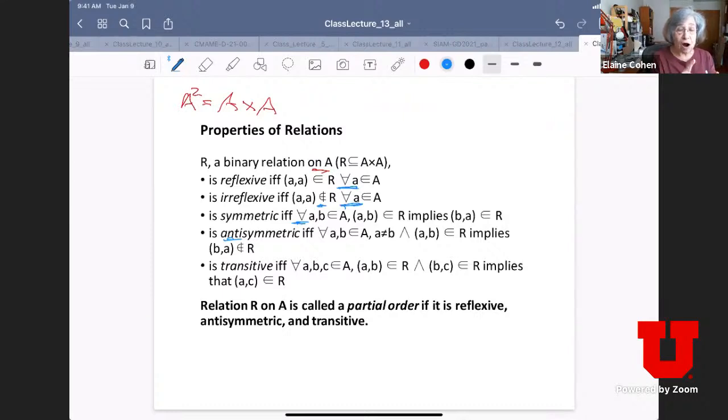But if they are related, A is related to B, then if it is antisymmetric, B is never related to A. Okay, so once again, we have three cases. It can be symmetric, antisymmetric, and neither.